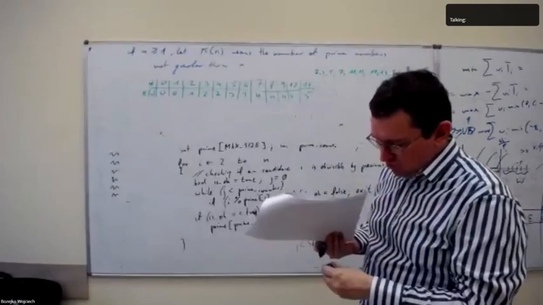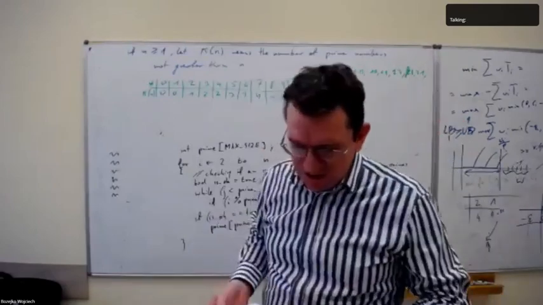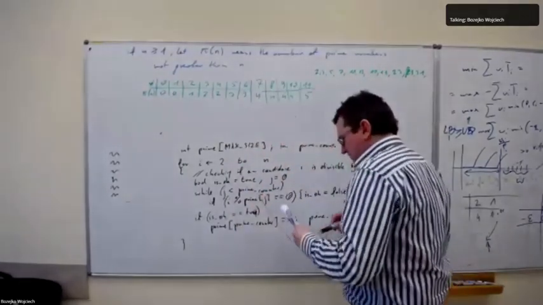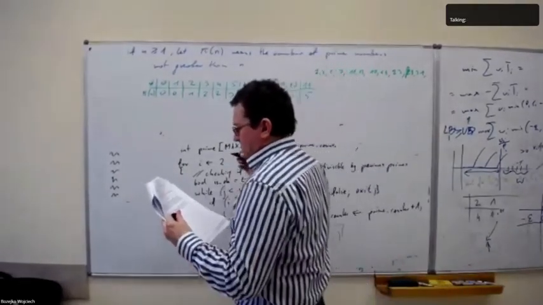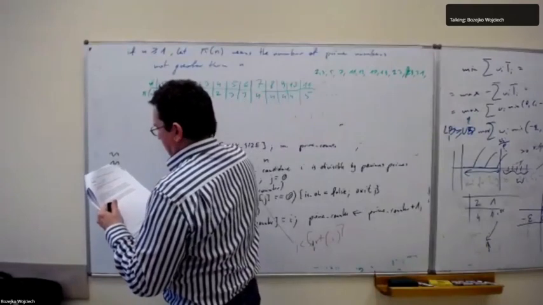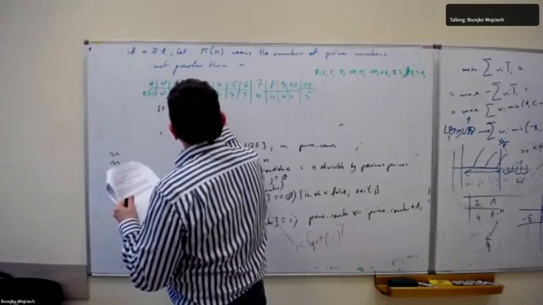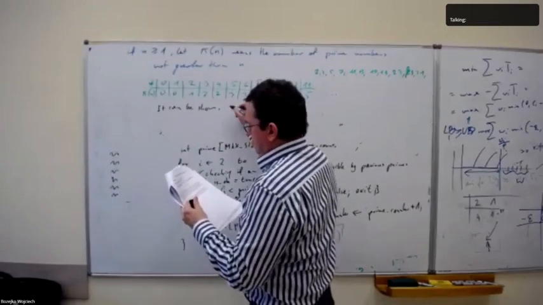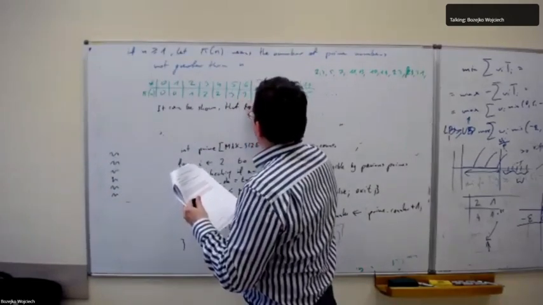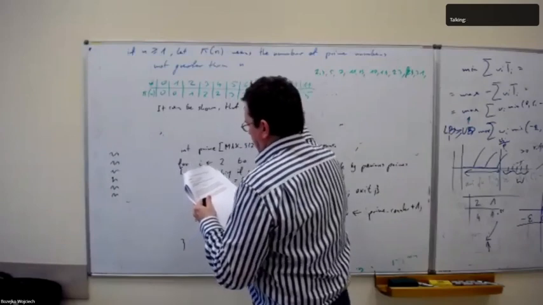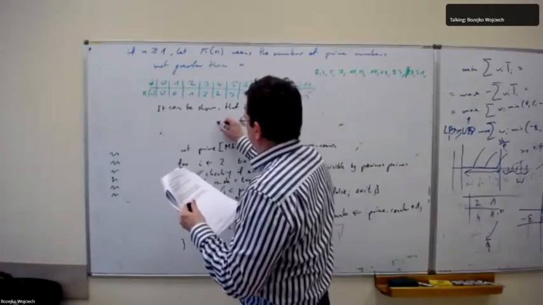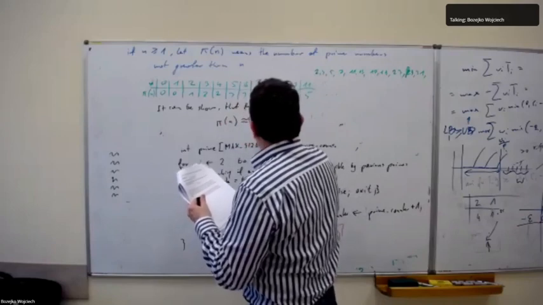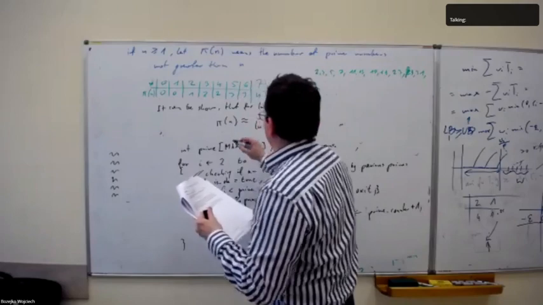And it can be shown, although this is extremely hard from the theoretical point of view, the proof is difficult, that for a large n, P(n) behaves as n divided by the natural logarithm of n.